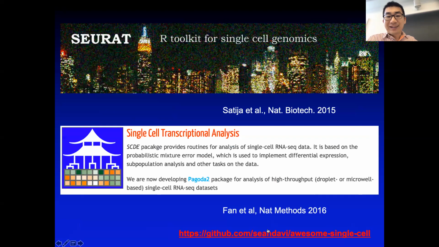And at last, at the link here, we provide almost hundreds of different single-cell algorithms. If you are interested, you can go to this website to see the details, because this is an area of very rapid development, and many people are developing algorithms for it. For single-cell RNA-seq, tons of different methods and sequencing methods are developed.